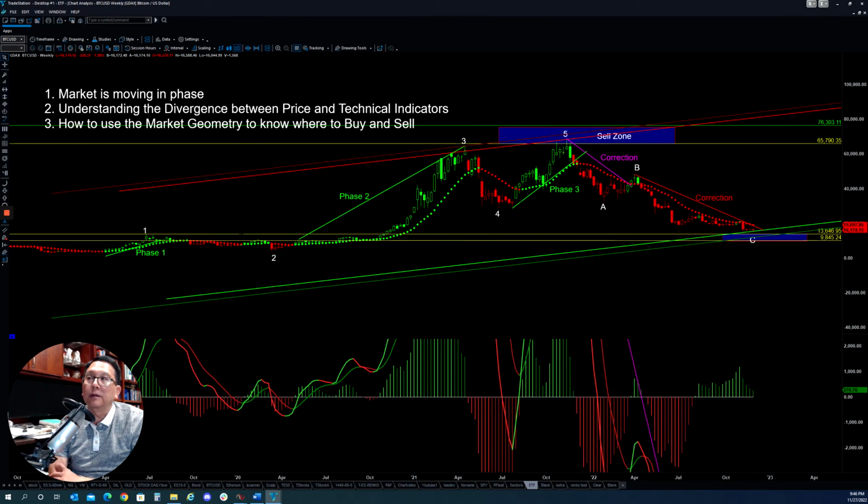Combined with price action, it will give you a clear trend definition of where you are, and then you can trade accordingly to prevent you from crashing on Bitcoin like you see right now.